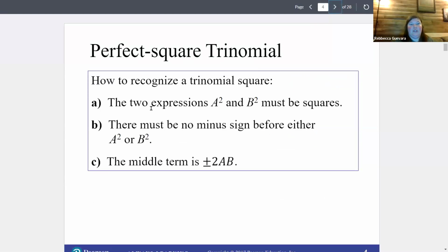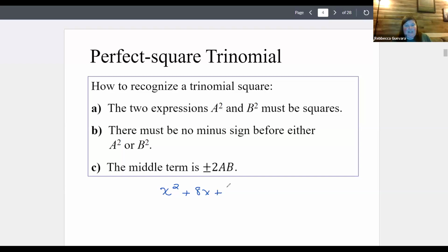What we need to notice is that we have 2 expressions, a squared and b squared, that must be squared. There must be no minus signs before either the a or the b. And the middle term is going to be plus or minus 2ab. So when we had x squared plus 8x plus 16, well, this is a square. 16 is also a square, it's 4 squared.